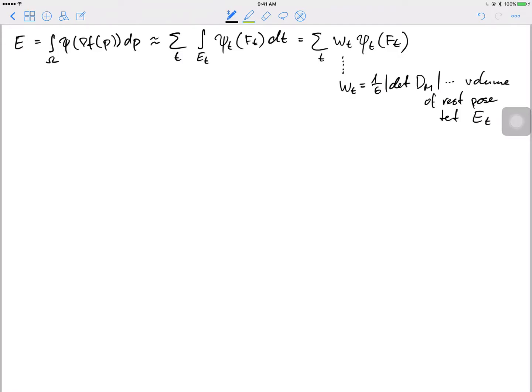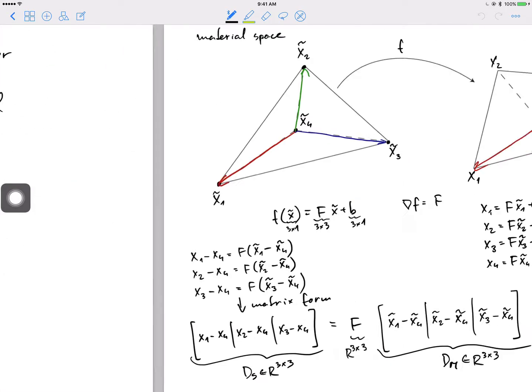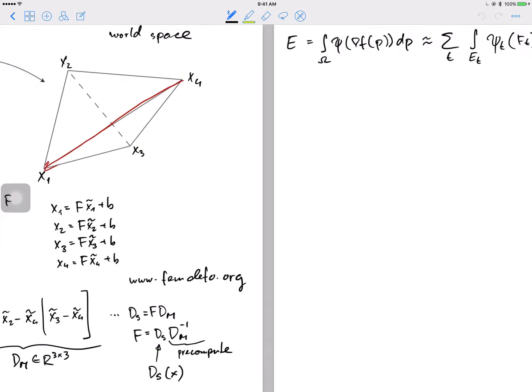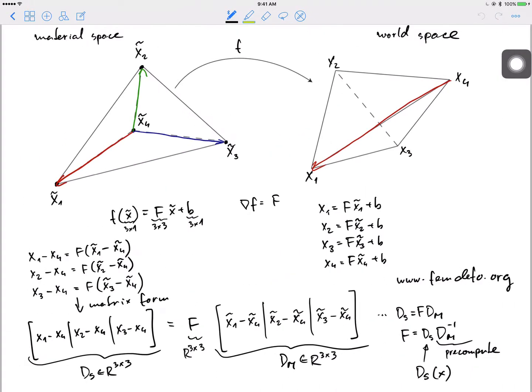Now you know how to compute the finite element discretization of an elastic potential defined like this with linear finite elements. So for every tetrahedron, you compute this Ft. Okay, this is how you compute it.